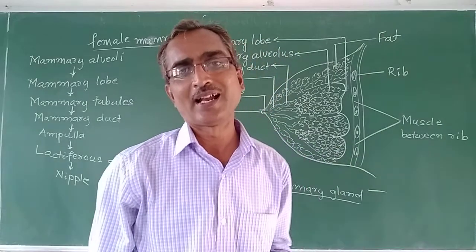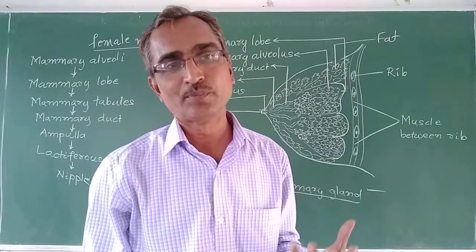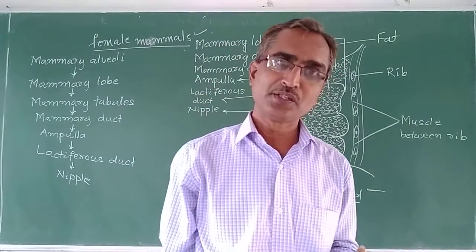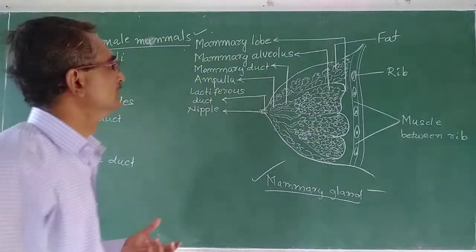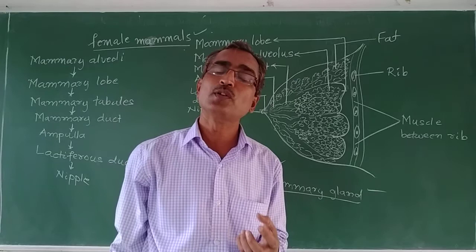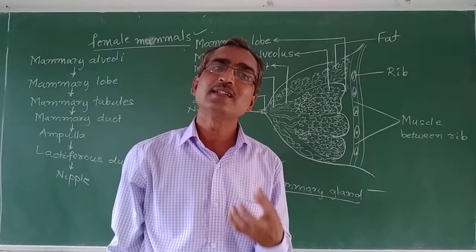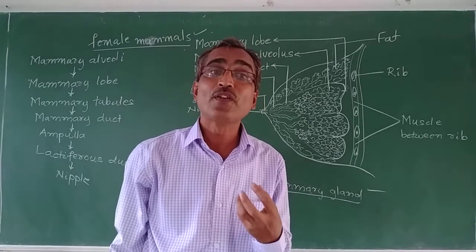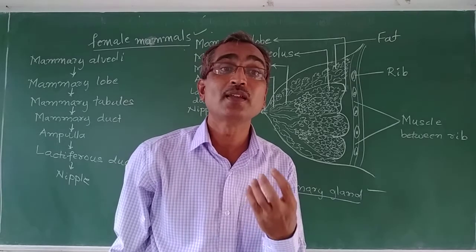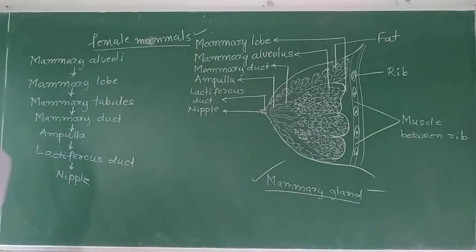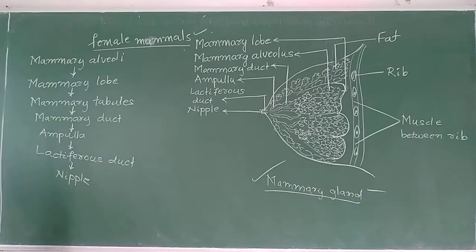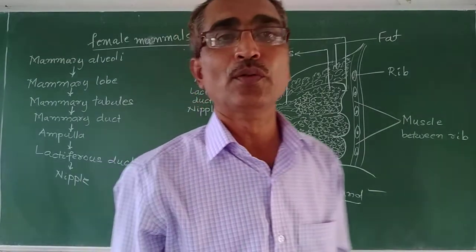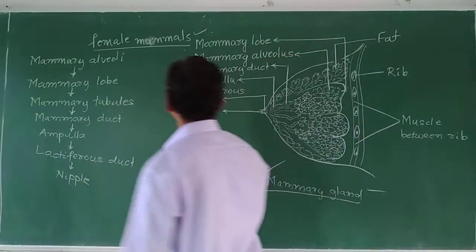The glandular tissue of each breast is further divided into 15 to 20 mammary lobes.